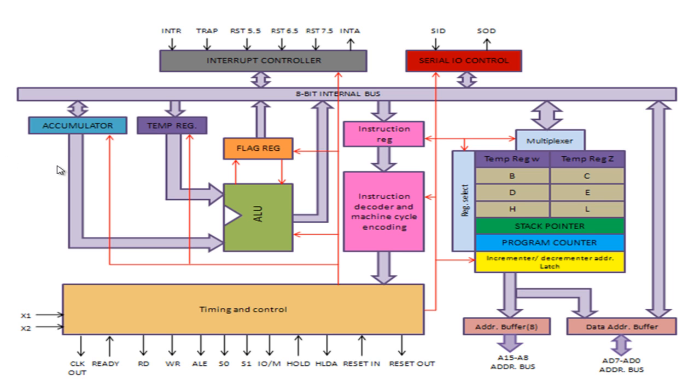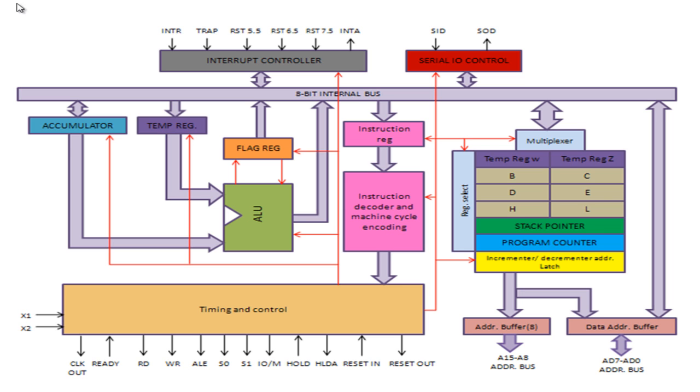Similarly, here we can make an analogy with the ALU: the result of the ALU will be flagged in the flag register. Five types of flags are generally there in 8085, that is sign, zero, auxiliary carry, parity and carry.